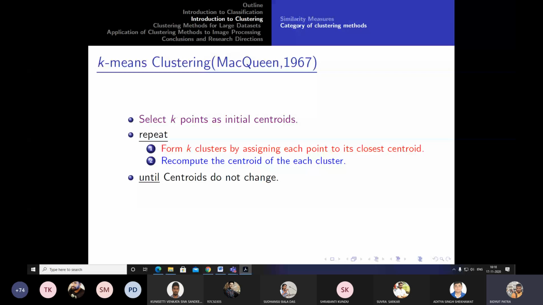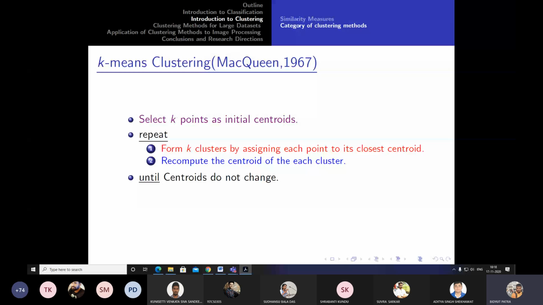Then, form K clusters by assigning each point to its closest centroid. From each point to the K clusters, you compute the distance, similar to the basic sequential algorithmic scheme, and wherever the distance is minimum, you assign the point to the corresponding cluster.